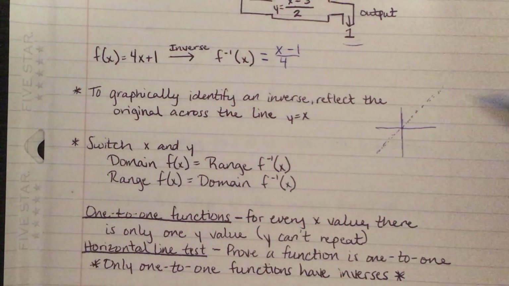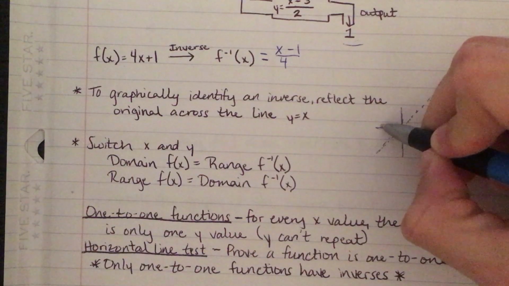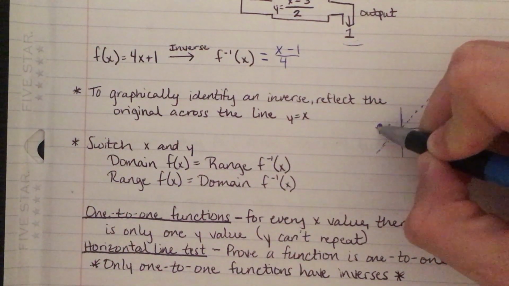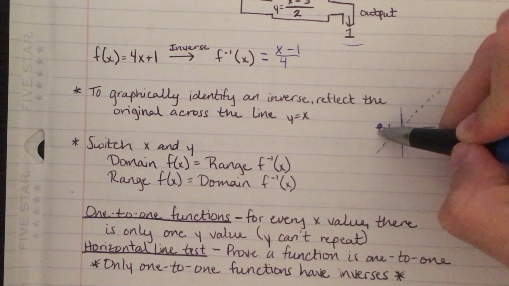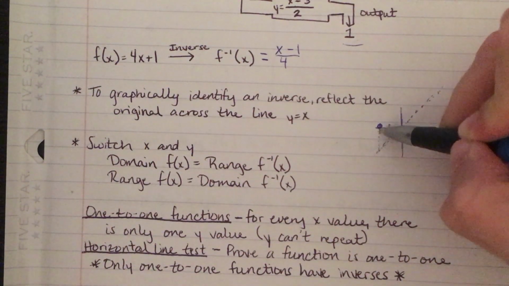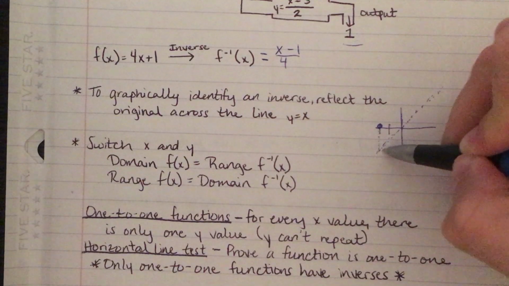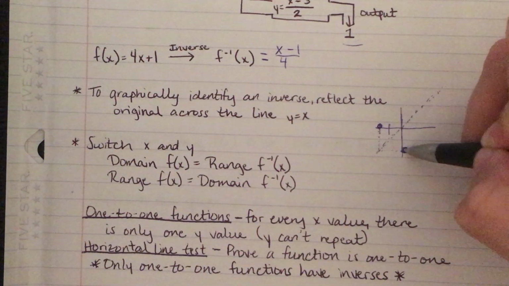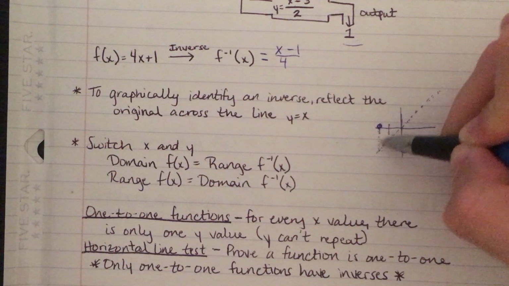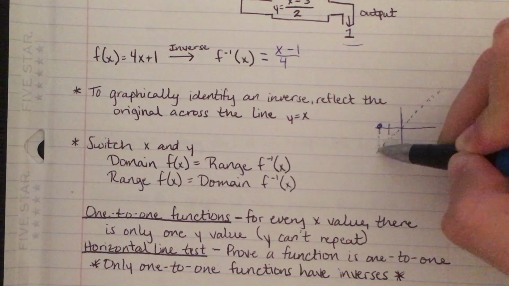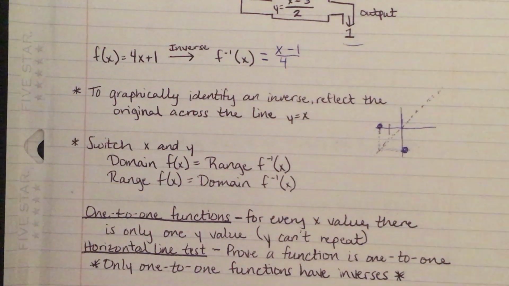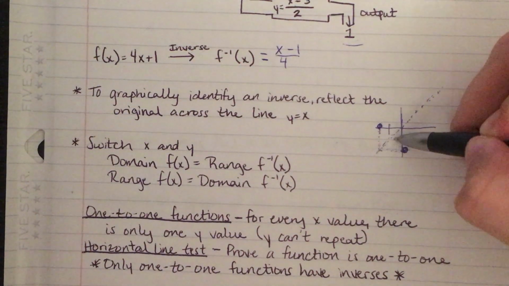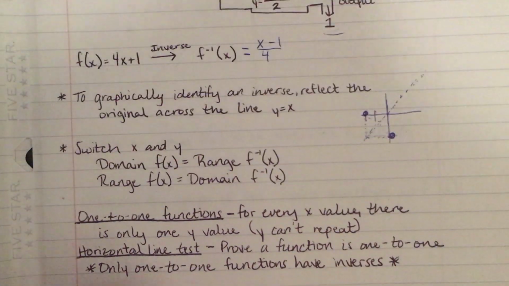To reflect over y equals x, let's say we had a point here at -2. We'd measure the distance to the line and then measure that distance out. So give or take, this is the rough reflection. If it's 2 away from this line for the y value, we're going to go 2 to the right for the x value. These would be reflected because they're the same distance from this line.